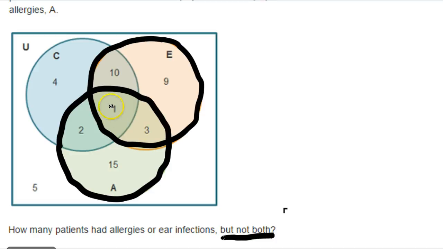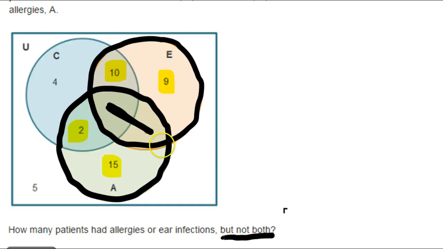And here in the overlapping part, these are the kids who had both ear infections and allergies. Since it says but not both, we want to throw those out. These remaining ones are the kids that have had allergies or ear infections, but not both.